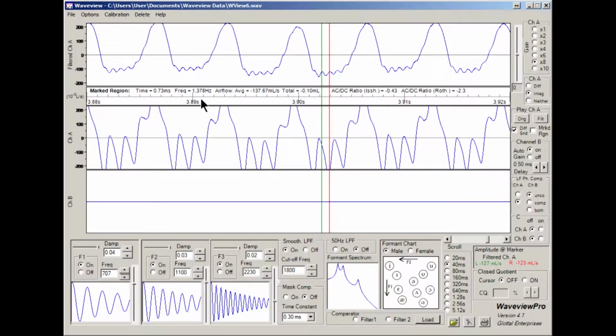So now let's go back and turn on this. Well, the second formant filter is on already. So now I'll raise the frequency to 1400 hertz.